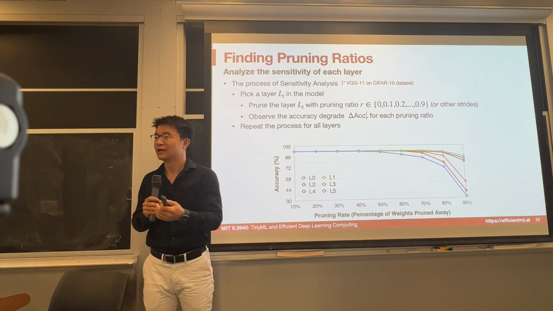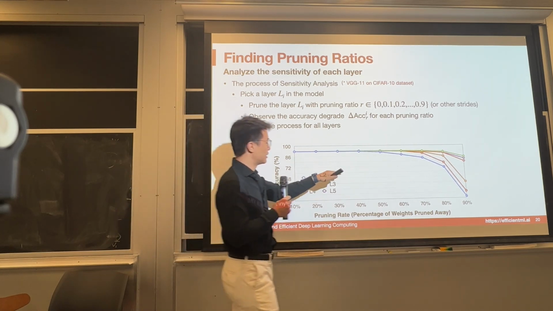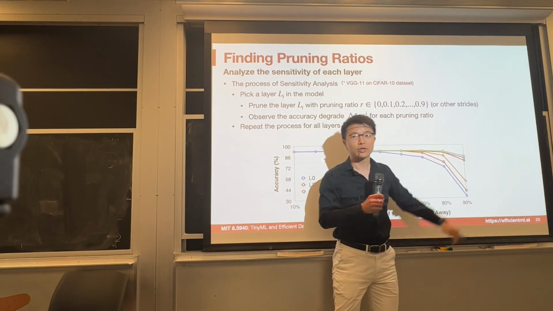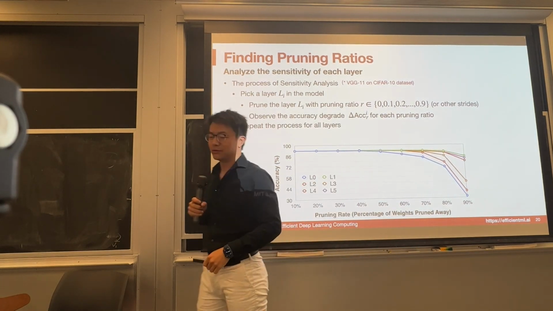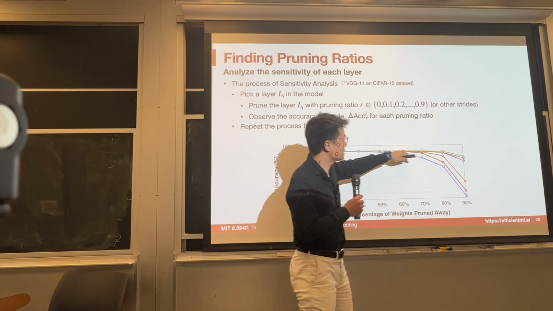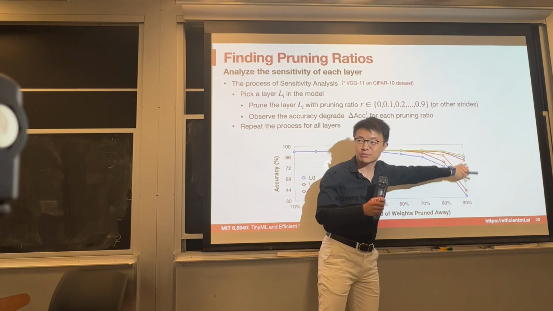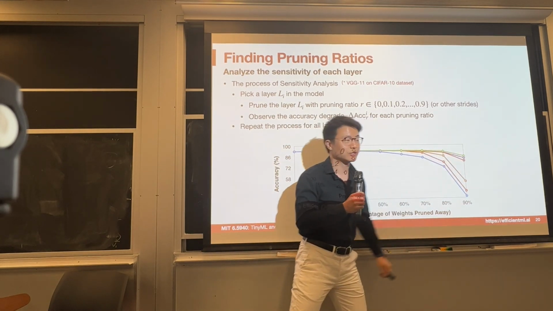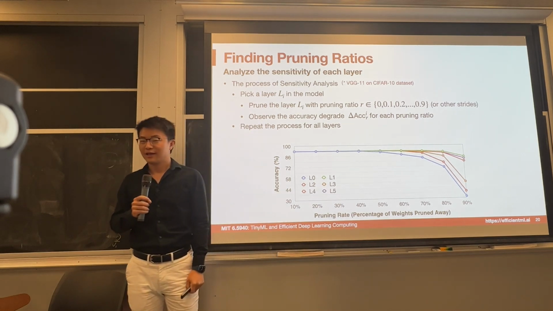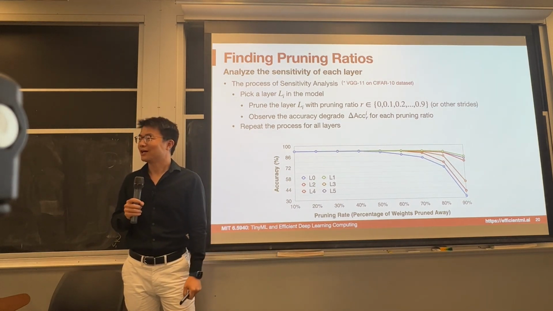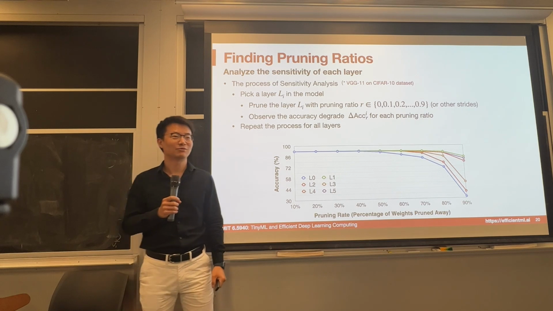Right, L1, which is this green curve. It is very insensitive to pruning. Even pruning away 90%, the accuracy degradation is pretty small. Okay? But is that the sole criterion? Is there a catch behind the rock?